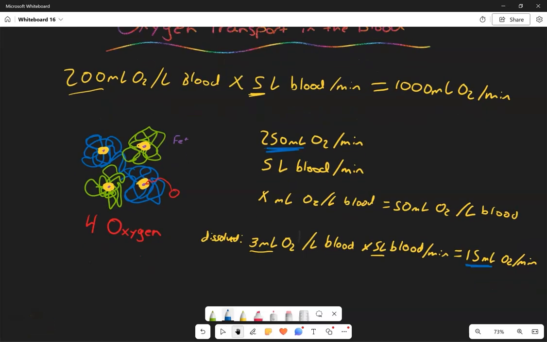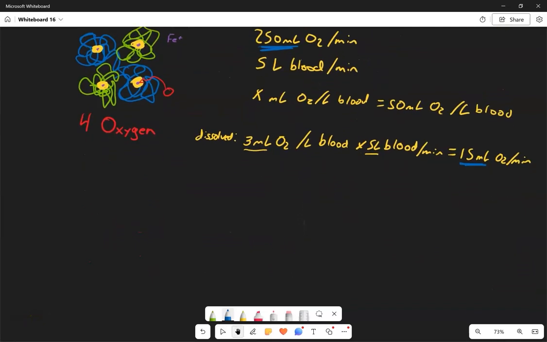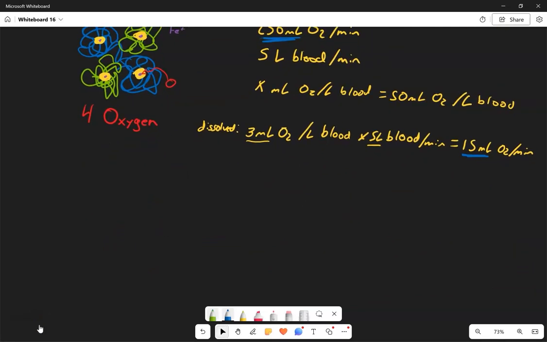Let's see what happens if we allow hemoglobin to be a part of this equation. Now, under normal circumstances, normal hemoglobin saturation levels, hemoglobin is able to carry about 197 milliliters of oxygen per liter of blood. And then we still have our 3 milliliters of oxygen per liter of blood that's dissolved, right?